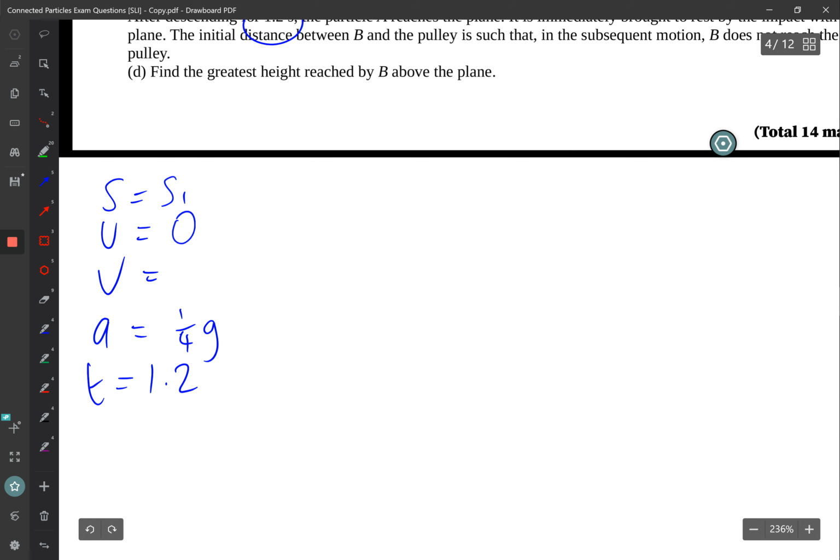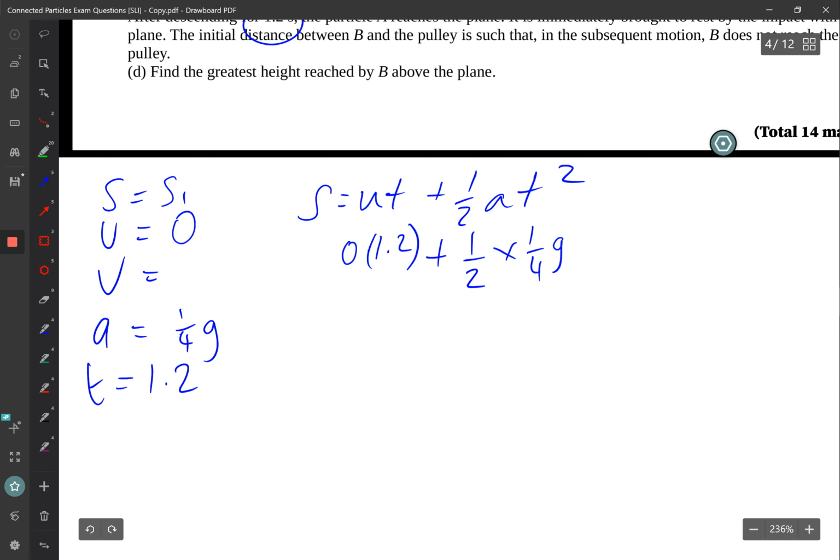So then we can use s equals ut plus half at squared. Now u is 0, so it's just 0 times 1.2 plus half, acceleration is a quarter g, so a quarter times g, times t squared. So t is 1.2 squared.